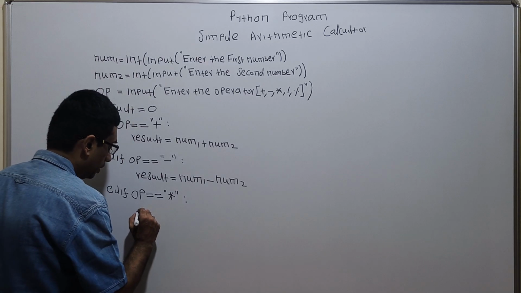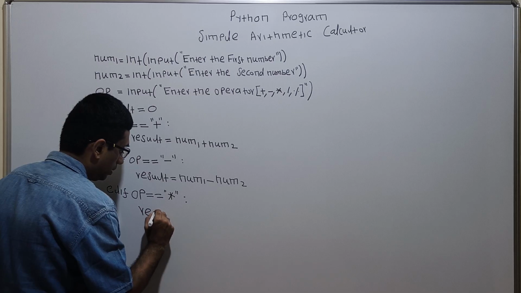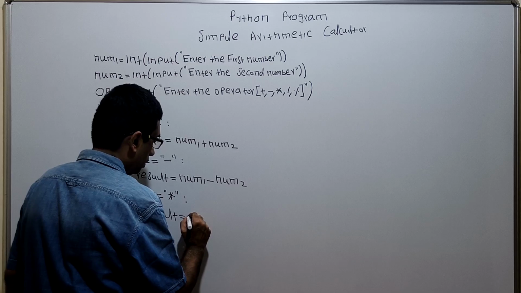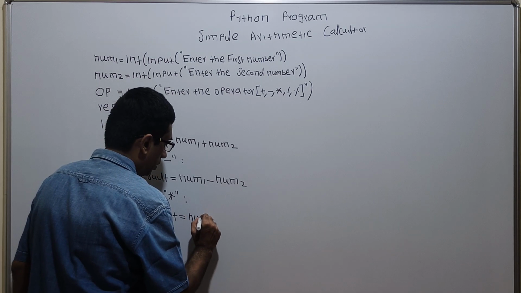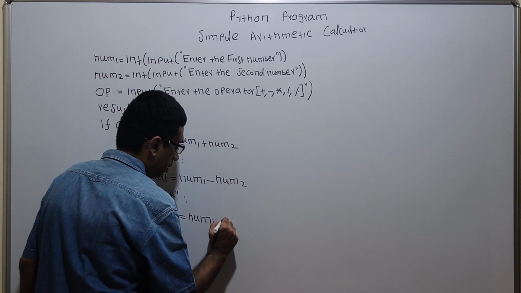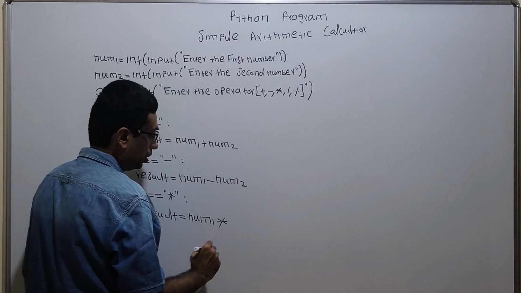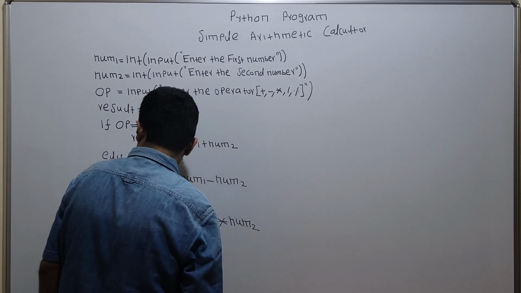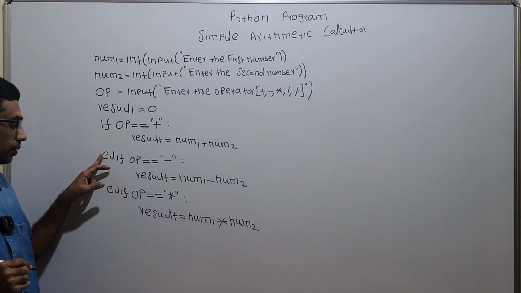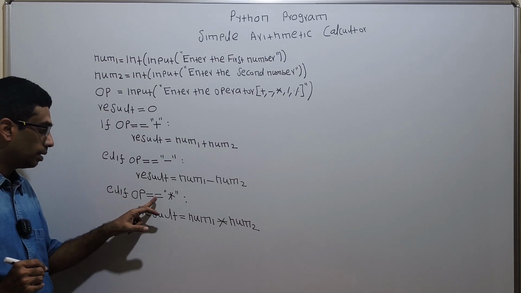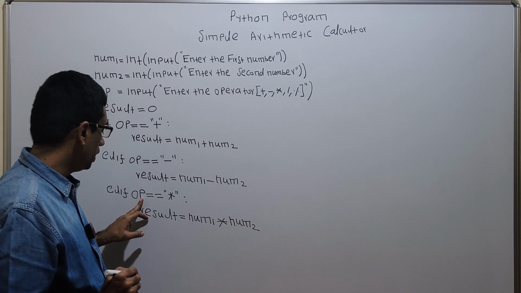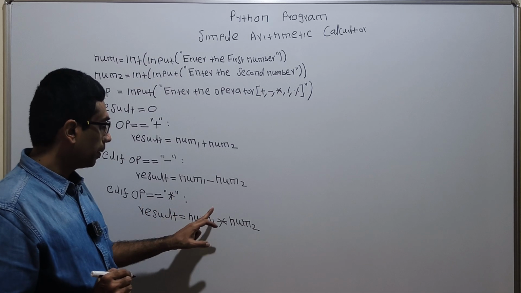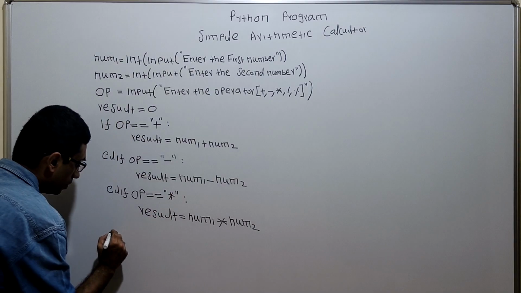I am performing result = num1 * num2. If the earlier conditions are false, it will check if op == '*'. If this is true, then we are performing num1 multiplied with num2 and storing it in the variable result.